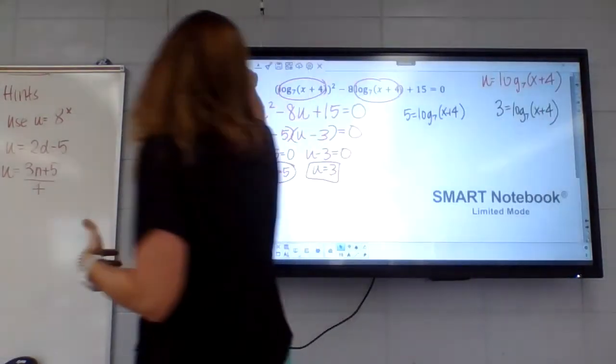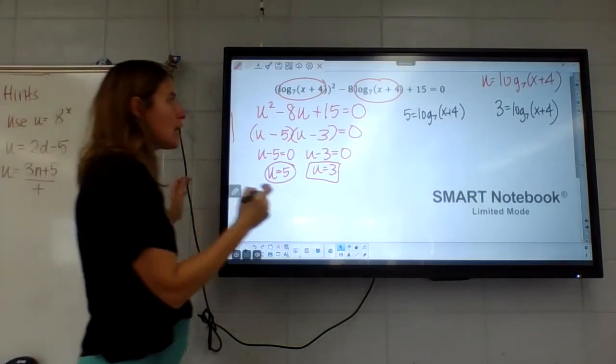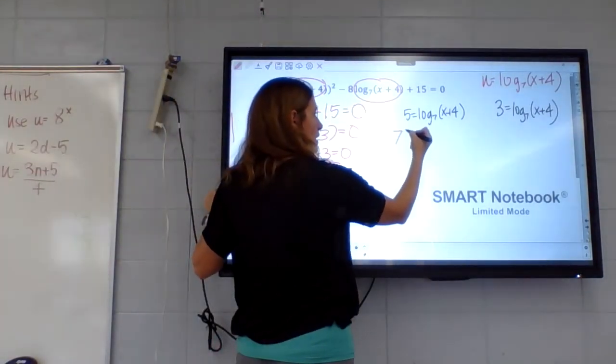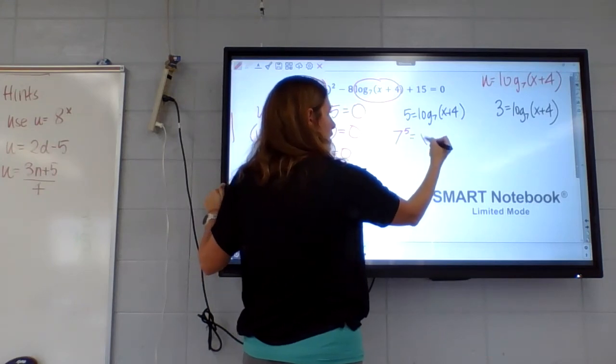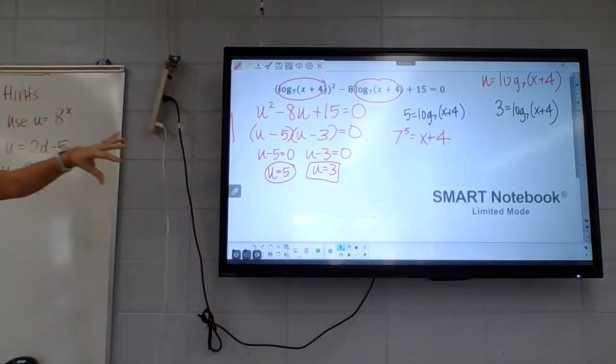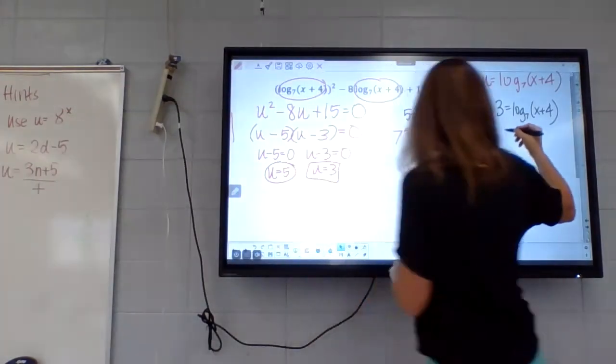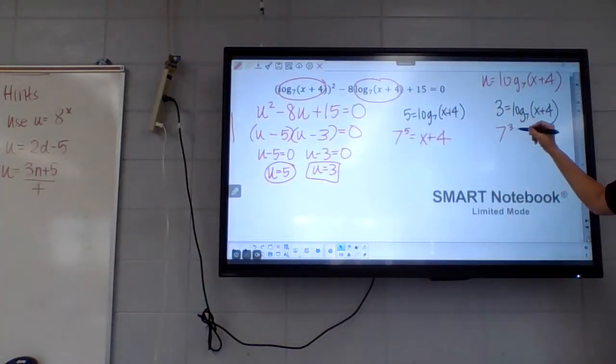And again, that's why we tried reviewing some of that. So the base is 7, the power is 5, equals x plus 4. So we're able to rearrange that and take the logs out of it and make it exponential. Same thing over here. The base is 7, the power is 3, and that's going to equal x plus 4.